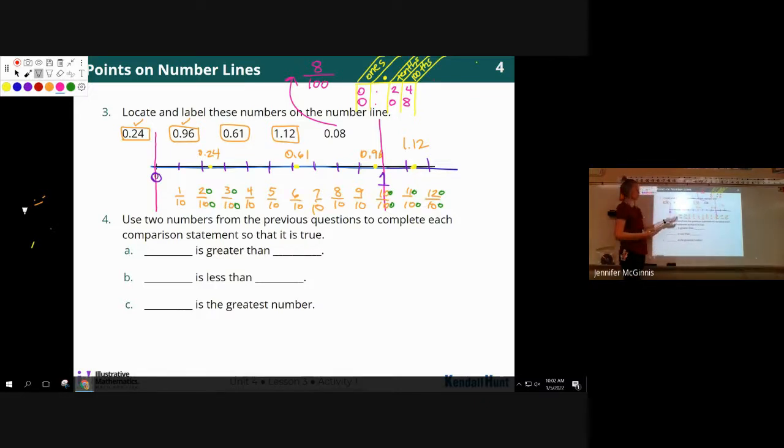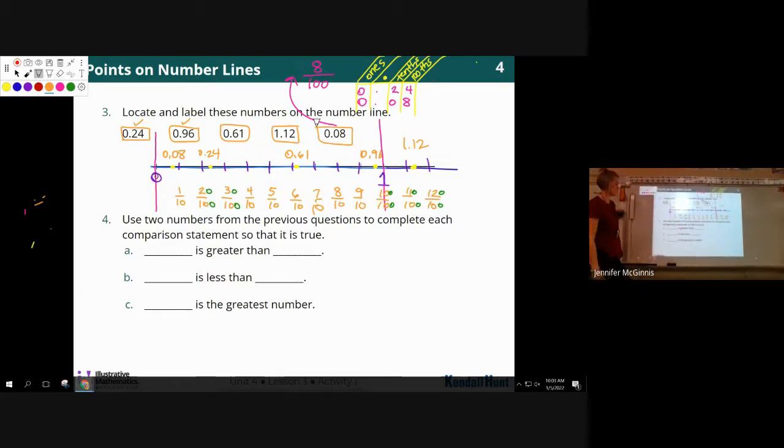So is it going to be closer to the 0 or closer to the 1? It's going to be closer to the 0. It's going to be in between the 0 and the 1. Very good.